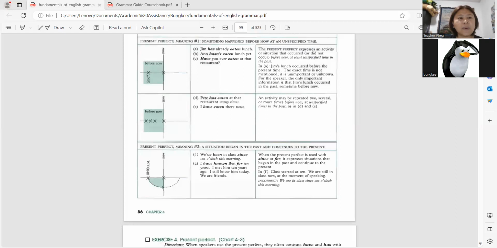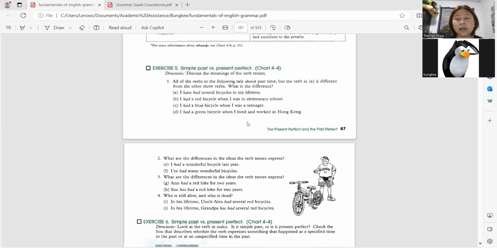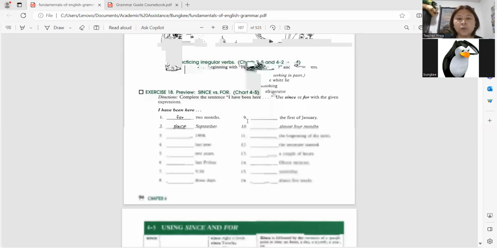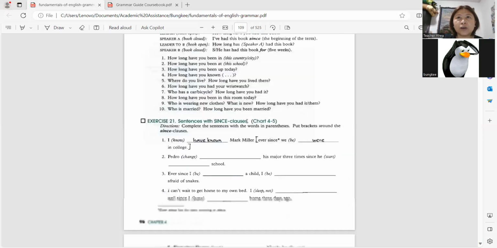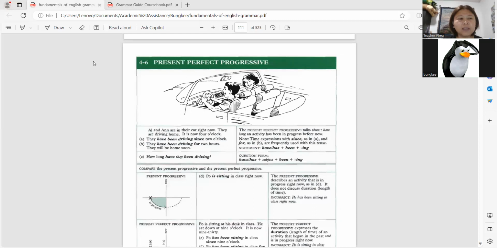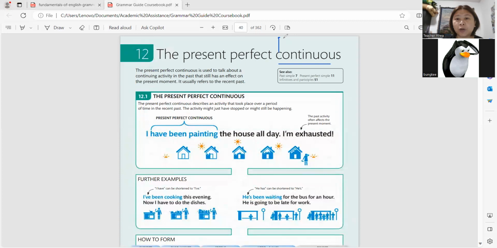So let's talk about present perfect continuous. In some other books, they use present perfect progressive. In some other books, continuous is written as progressive.